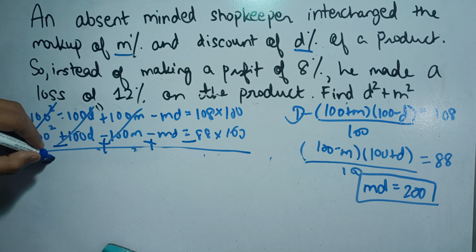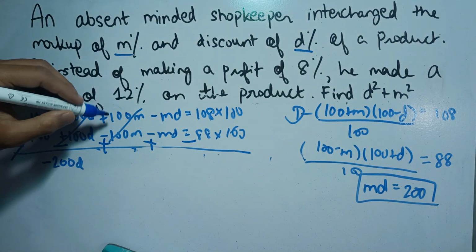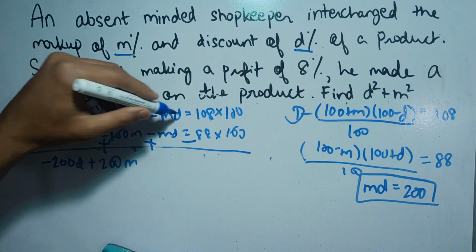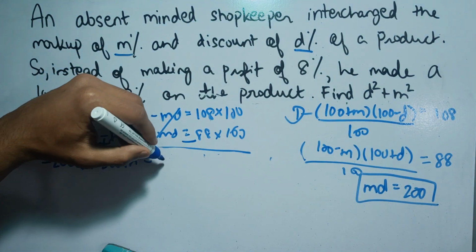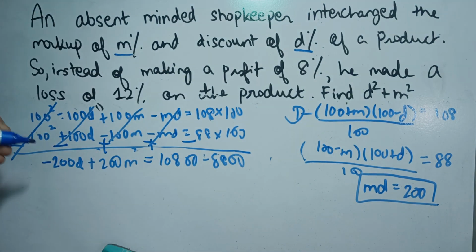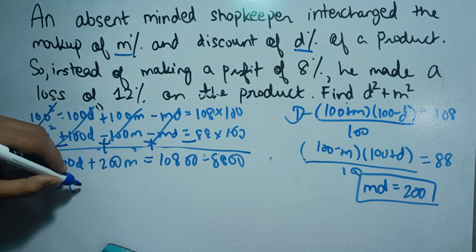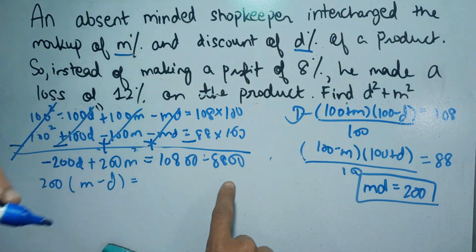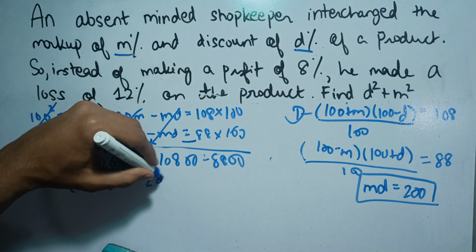This would be minus 200D and this would become plus 200M. Then this would cancel out and this would be 10,800 minus 8,800. So we'll take 200 common, and M minus D would be left inside. 10,800 minus 8,800 would be 2,000.